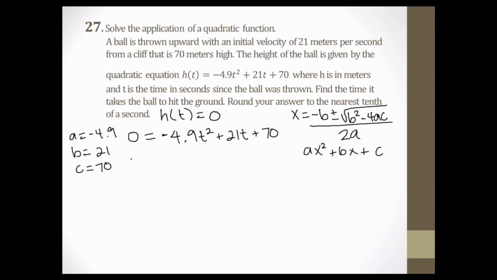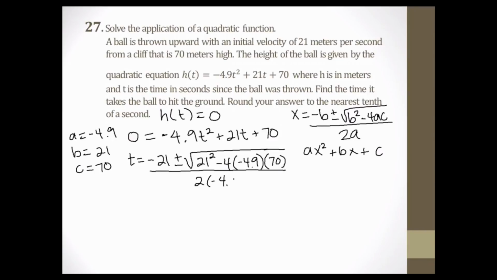So let's use the quadratic formula. I'm going to say t equals, since we're talking about time, negative b, so that's negative times 21 plus or minus the square root of 21 squared minus 4 times negative 4.9 times 70. All of that divided by 2 times negative 4.9.